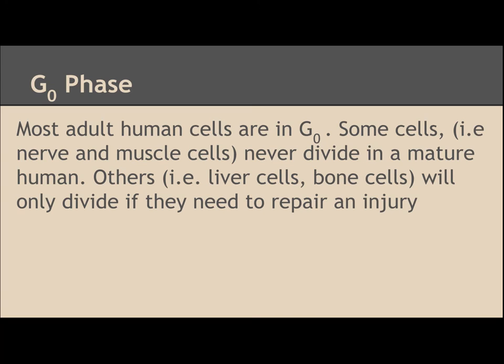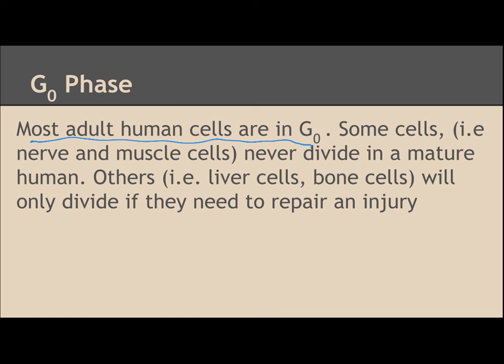So for a full-grown adult, most of your cells will be in G0 phase. This should make sense if you think about it. A lot of your cells, like if you're not growing taller, you don't need more bone cells. If you're not injured, you don't need to make more cells to replace an injury.